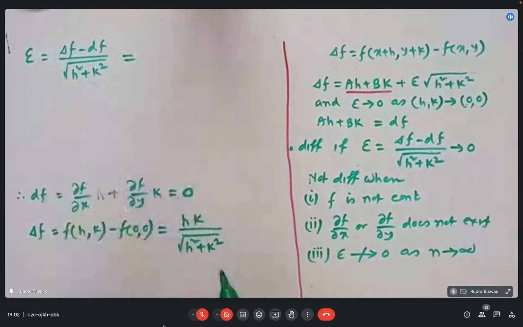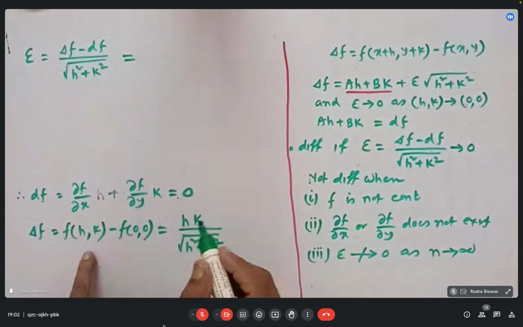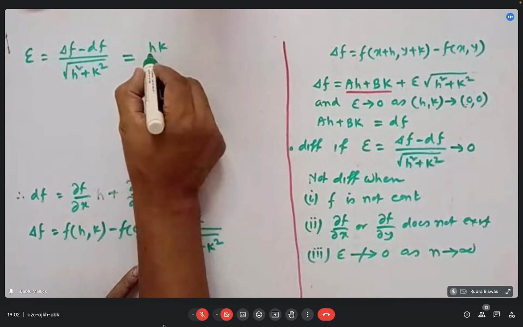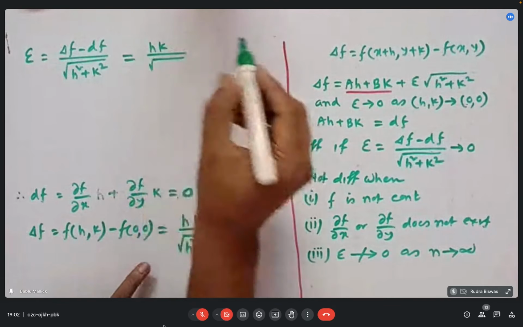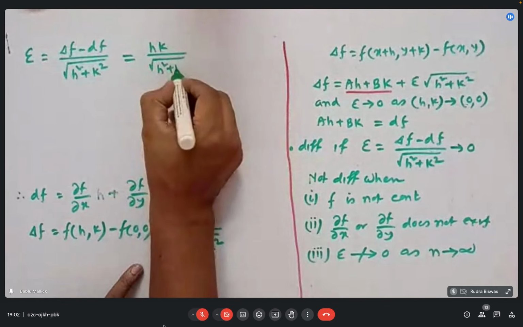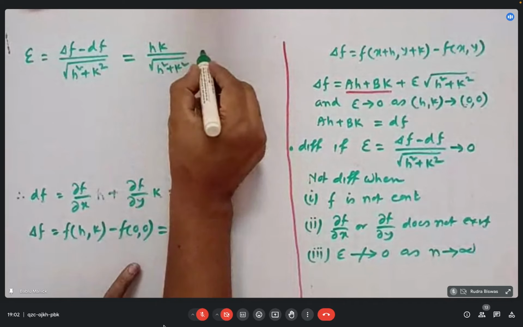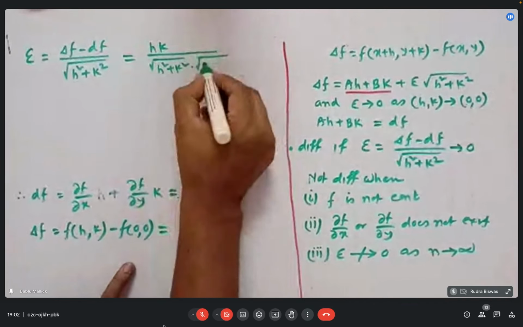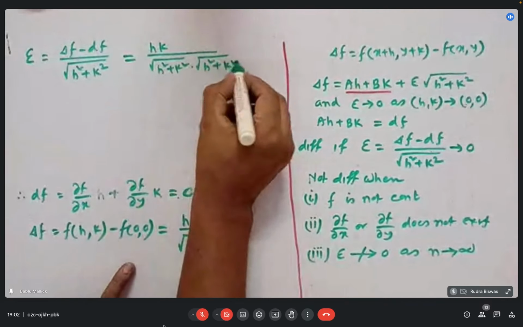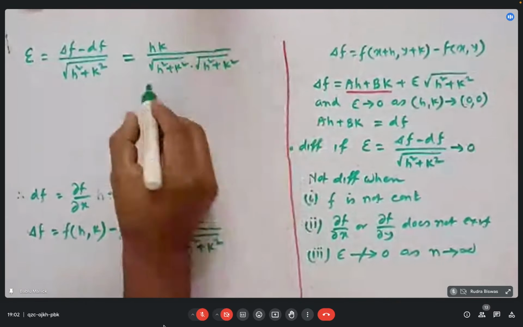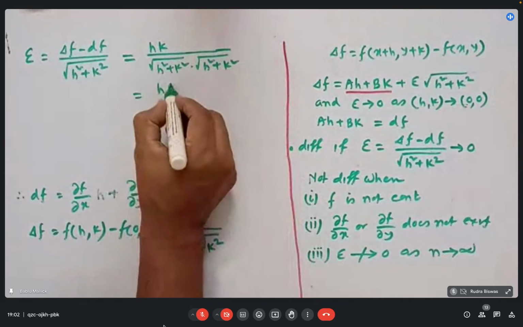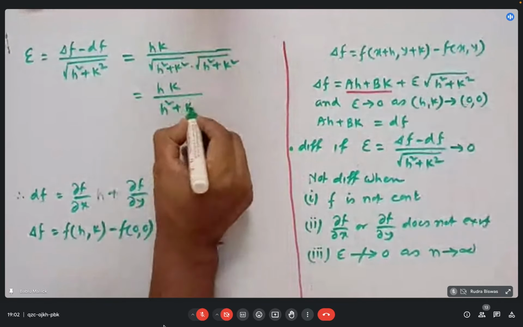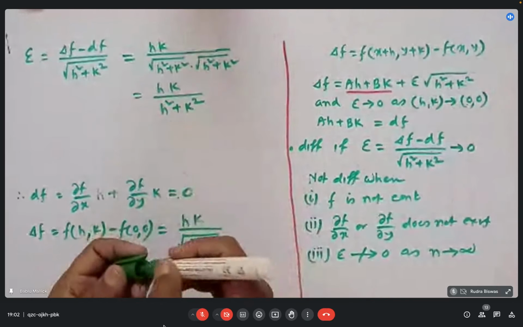So this is equal to delta f, that is hk divided by root under h square plus k square, minus df, that is 0, divided by root under h square plus k square. So this is equal to hk divided by h square plus k square.